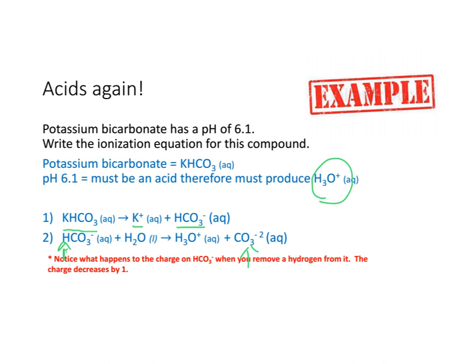So we have a net charge of -1 on the left, net charge of -1 on the right, so we're balanced in terms of charges. You can also think of this in terms of positive hydrogen ions. If you remove a positive hydrogen ion from HCO3 negative, the remaining compound must be one more negative, or in this case, -2.